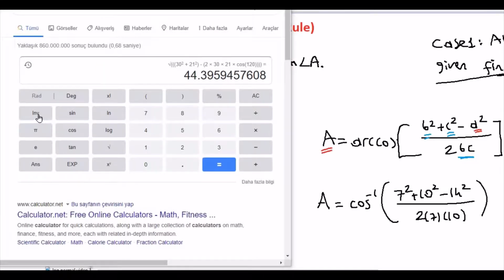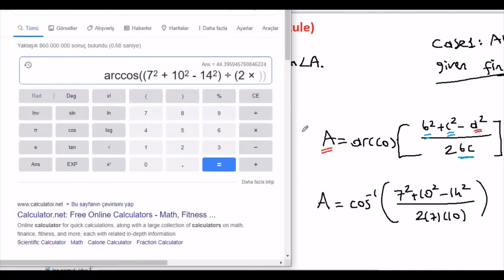Here we are going to click on inverse trigonometric functions. We pick arc cosine, and we need two groups of parentheses, one for the numerator, 7 squared plus 10 squared minus 14 squared, and another group for the denominator, 2 times 7 times 10. And make sure your calculator is in degree mode.